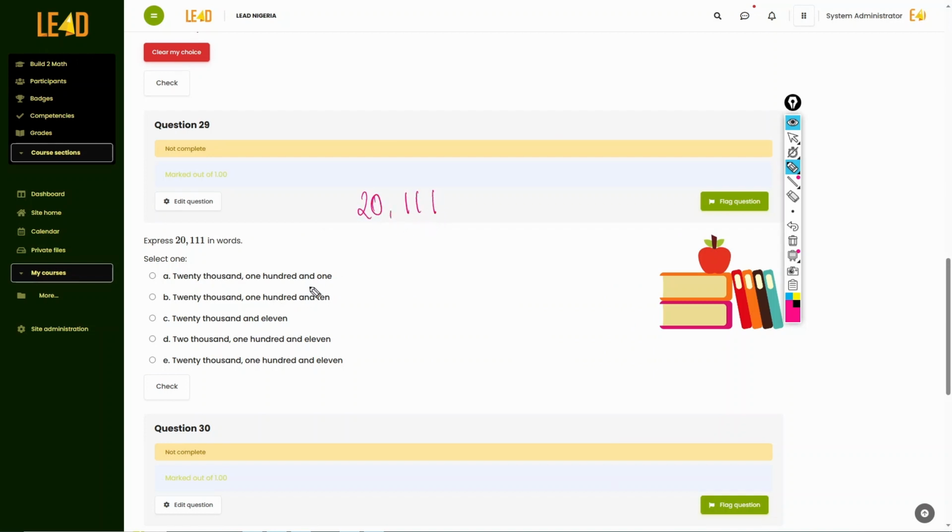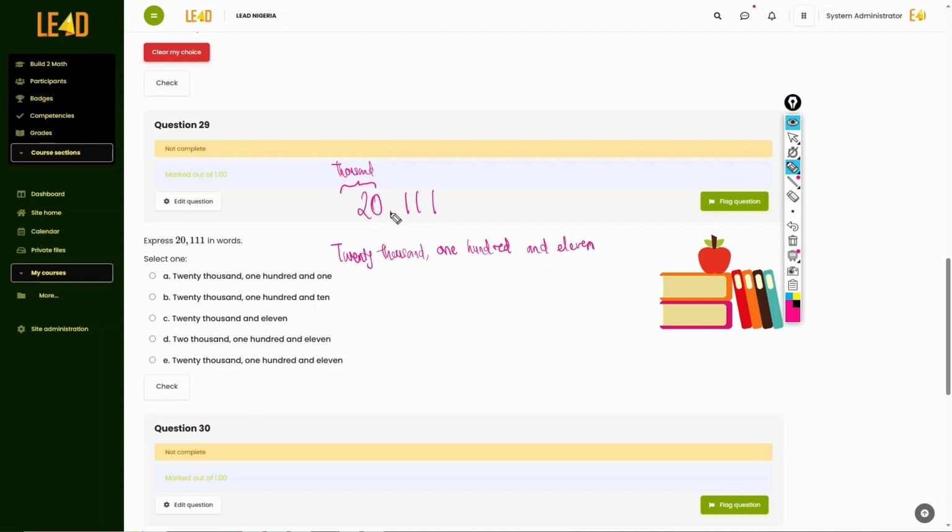Express 20,111 in words. So here we now have the thousand space. So it's going to be 20,000 and then we just have 111. So it's 20,111.